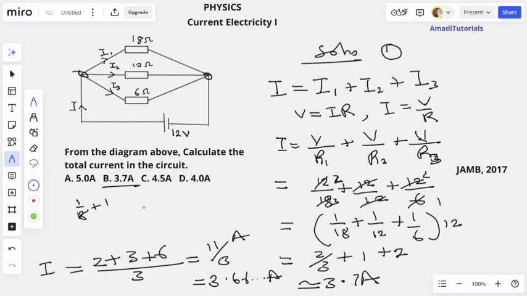Whatever it gives you, you know that your current I will be voltage over resistance, that is total voltage over equivalent resistance. So if you calculate the equivalent resistance first, 12 divided by that equivalent resistance will still give you the same thing. Thank you.